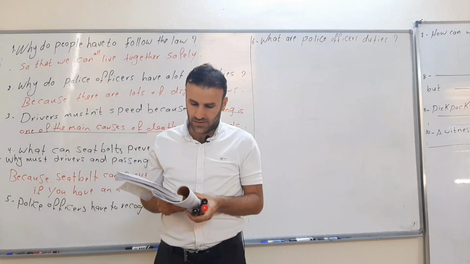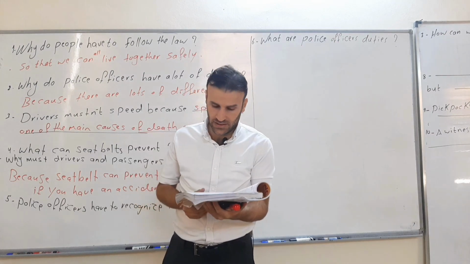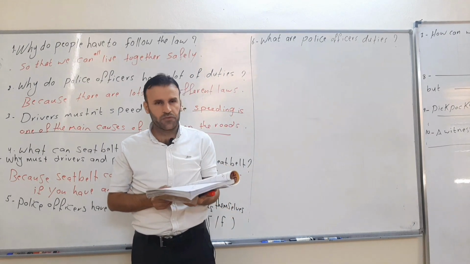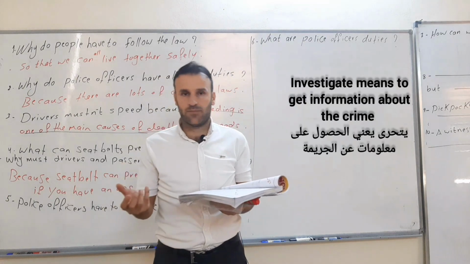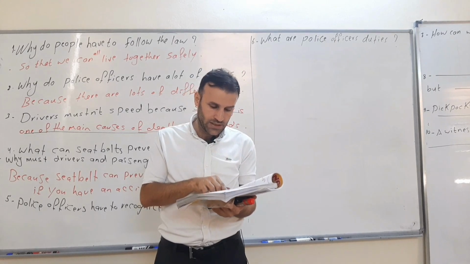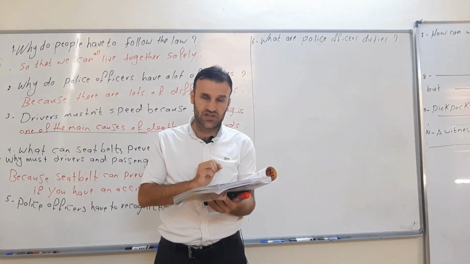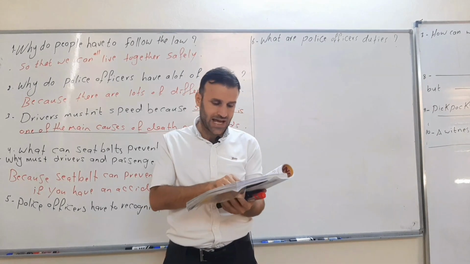The second passage: police officers also investigate crimes like robberies. The word investigate means to get information about the crime. When there has been a crime, police officers are sent. This is passive. They are sent to the place where it happened.